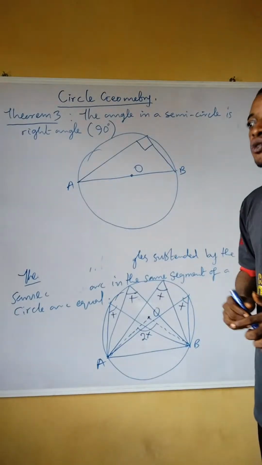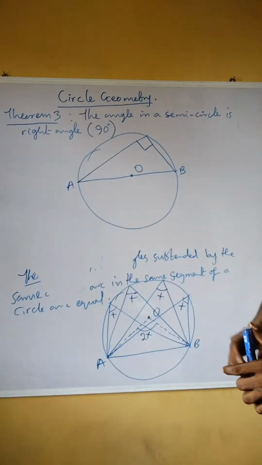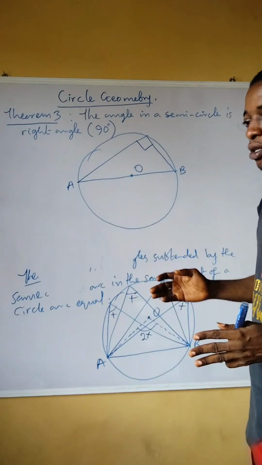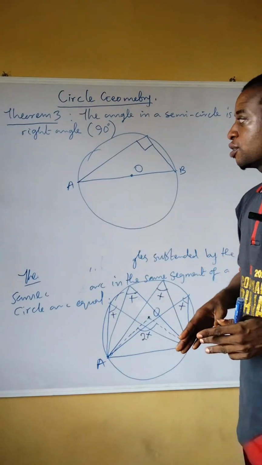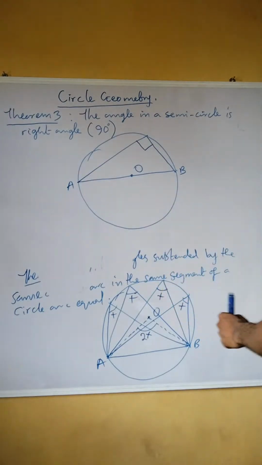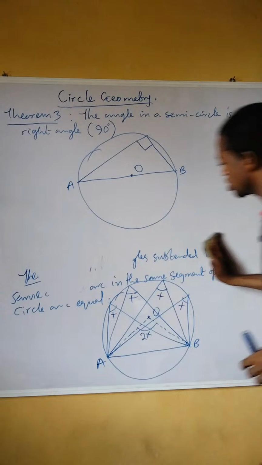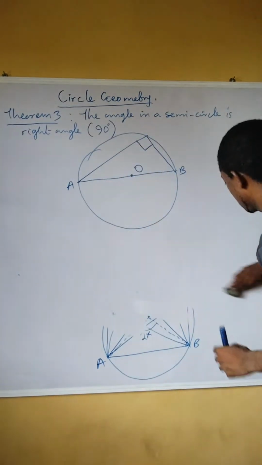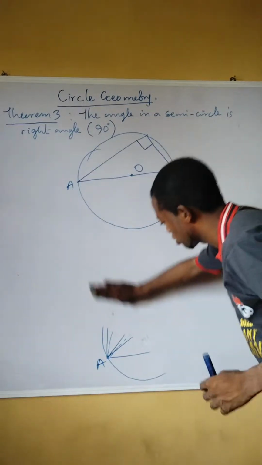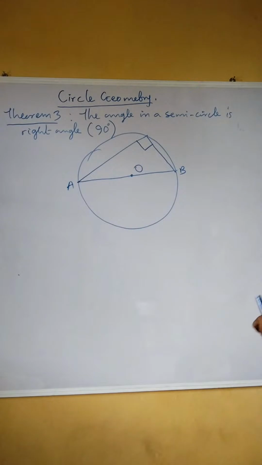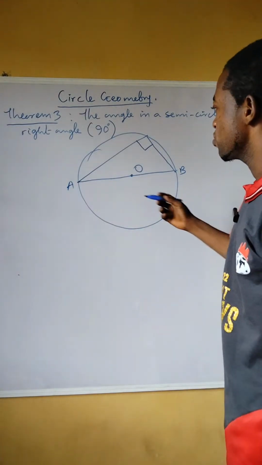Some questions don't need to tell us the angle. They will just draw the diagram by following the theorem that we know. Once you know that theorem, you'll be able to see it from there and apply it. It doesn't matter how we have it.